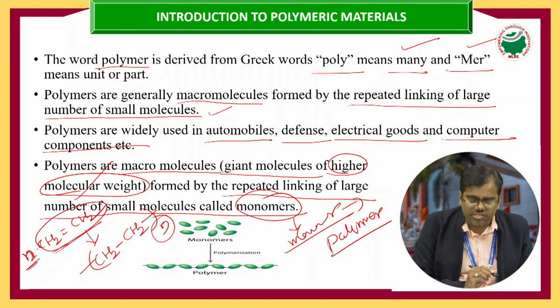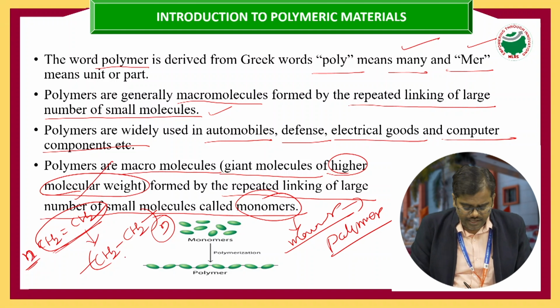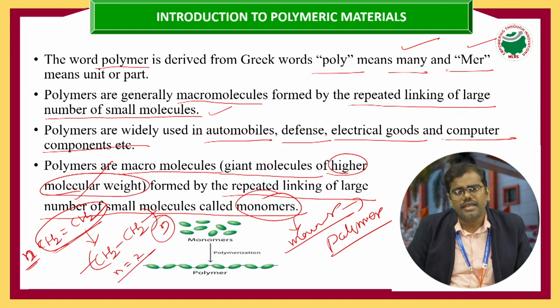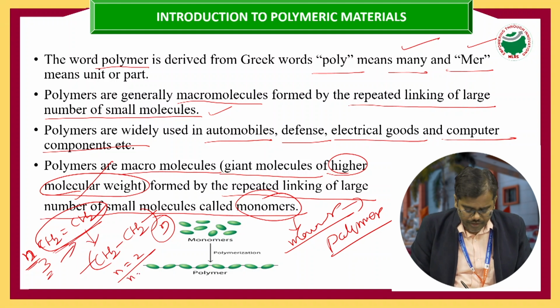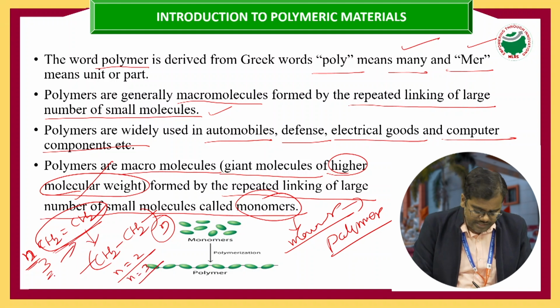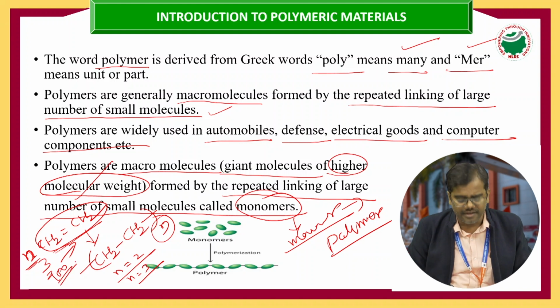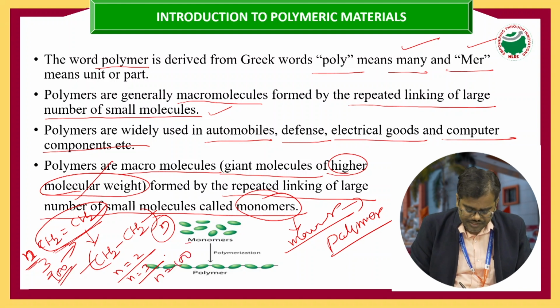If I take 2 moles of ethylene, then the degree of polymerization, the n value, is 2. If you take 3 moles of ethylene, then the degree of polymerization is 3. If you take 100 moles of ethylene, then the degree of polymerization is 100.